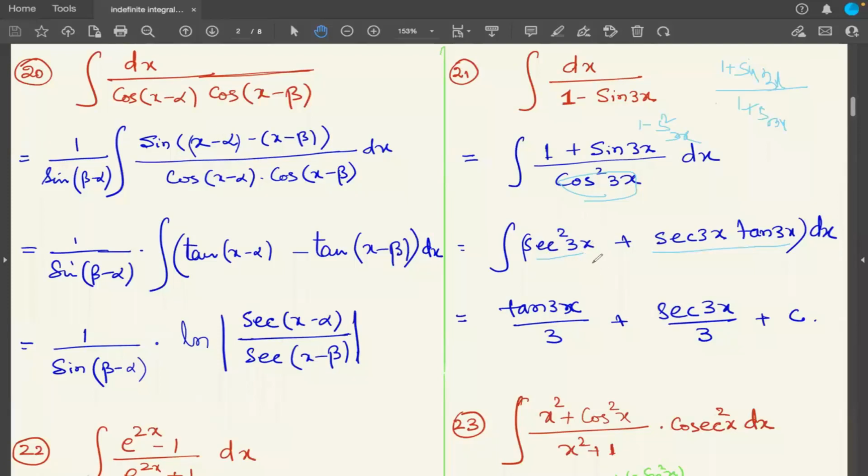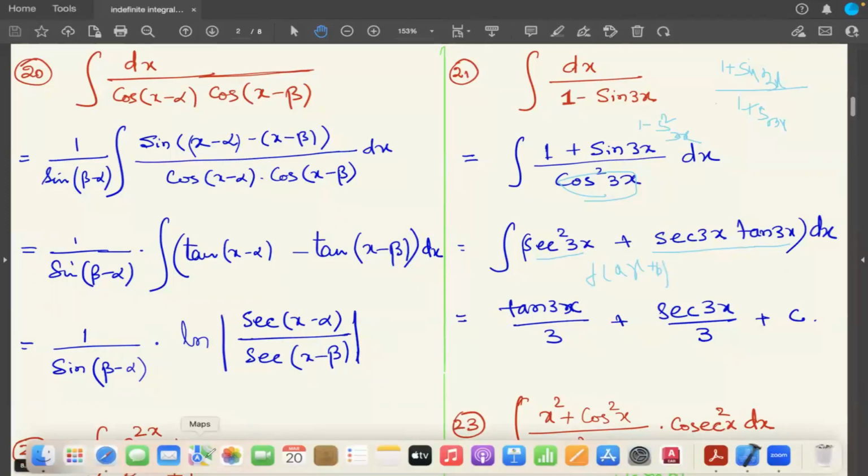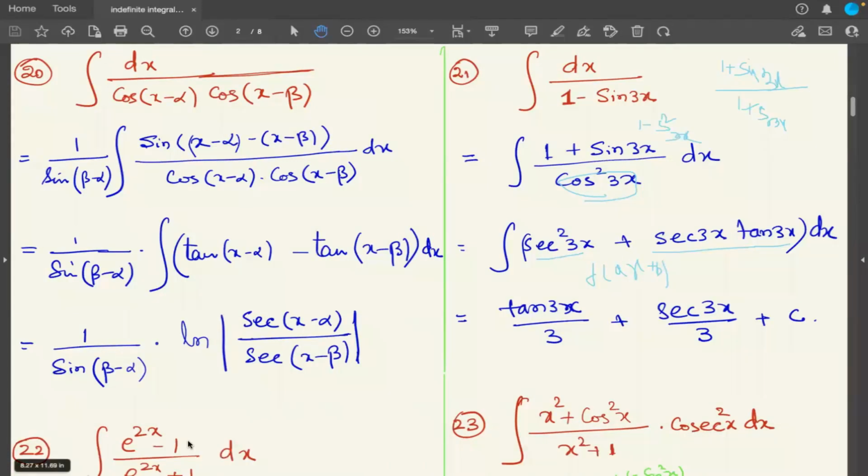Whatever is in f of ax plus b, it will be divided by a. If the integral of f x is g x, then the integral of f of ax plus b will be g of ax plus b by a. Whatever is the coefficient of x, it is divided by that.